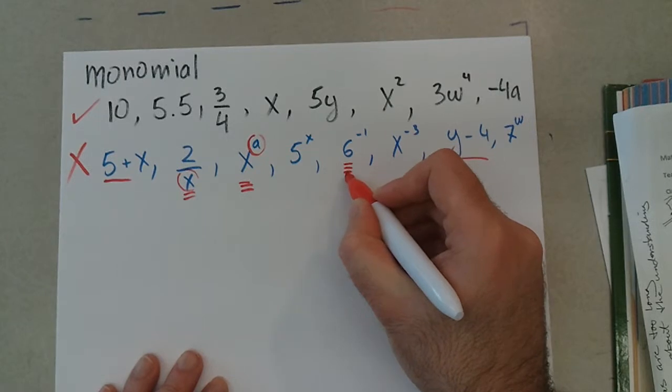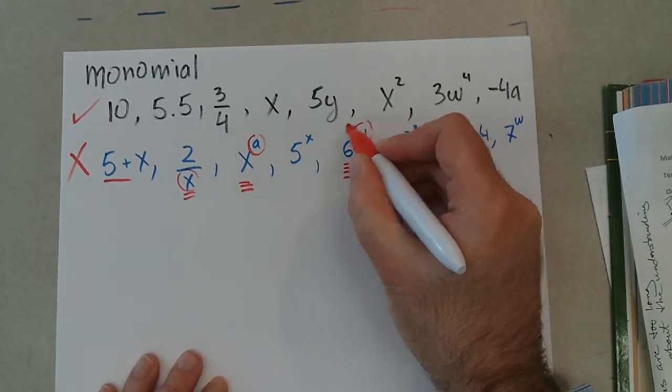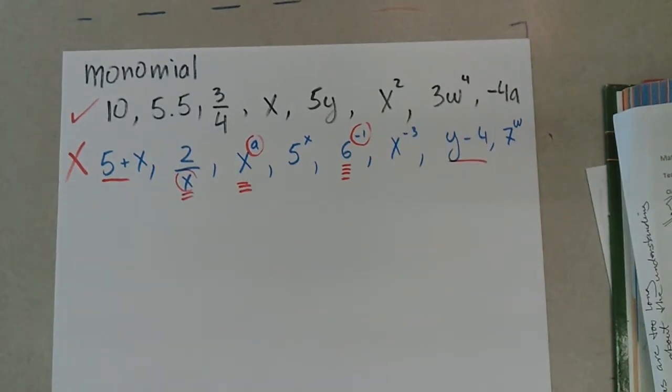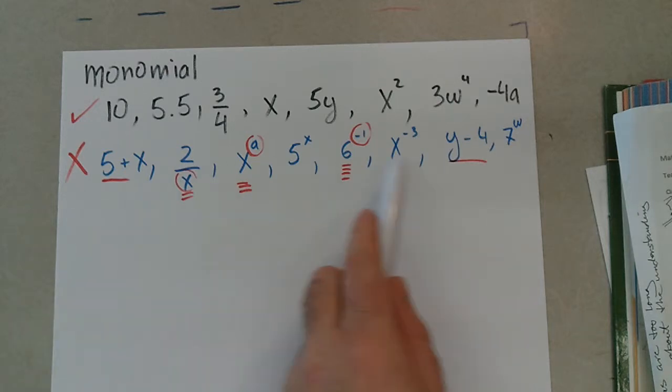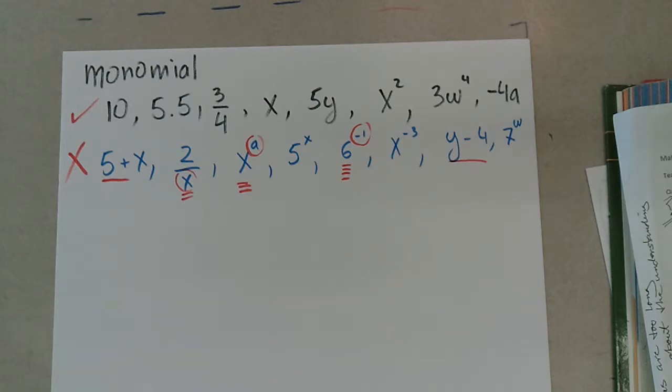And last but not least, can't have a negative as an exponent. So those are technically the 4 exceptions to the rule of being a monomial. So now that we have figured that out, the bottom list are things that aren't monomials and the top list is a list of things that are monomials.